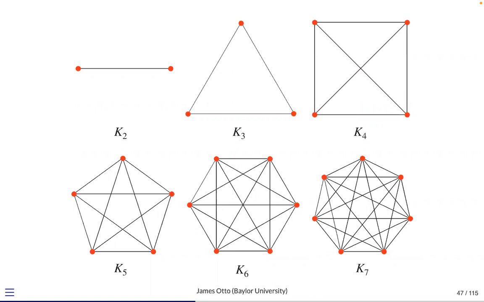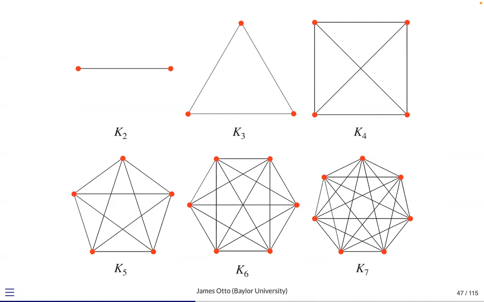The complete graph is just if you have these points, which in graph theory are called vertices, drawing an edge between all of them. So in here we've got one edge connecting these, we have an edge connecting this point to this point, and this point is connected to all 3 points, etc. Looking at these examples, the complete graphs have a characteristic look to them when the points are circumscribed on the unit circle, which is what's happening here.